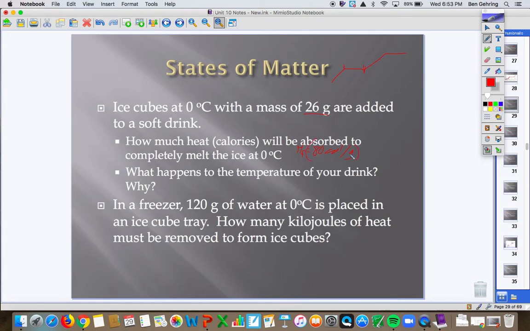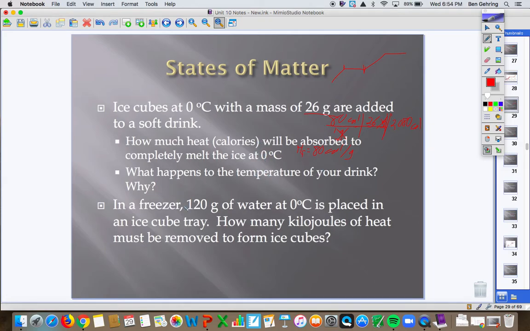So if I take my 80 calories per gram and multiply by my 26 grams, I get an answer of 2,080 calories, because I have grams on top and grams on bottom, which are going to cancel out. So 2,080 calories will be absorbed to melt the ice.